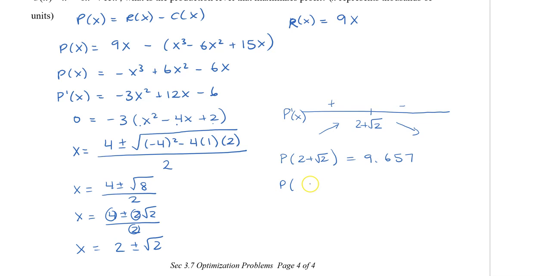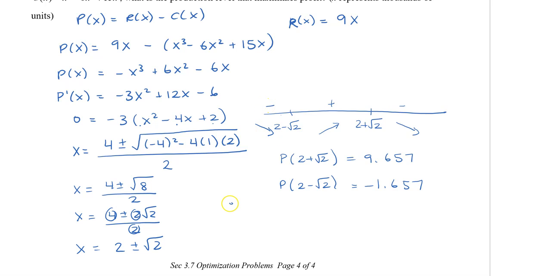Now, for interest's sake, let's plug in 2 minus root 2. And that would be negative 1.657. So what happens is that if I extended my number line here, let's erase this part here, and put 2 minus root 2, I will notice this is negative and this would decrease.